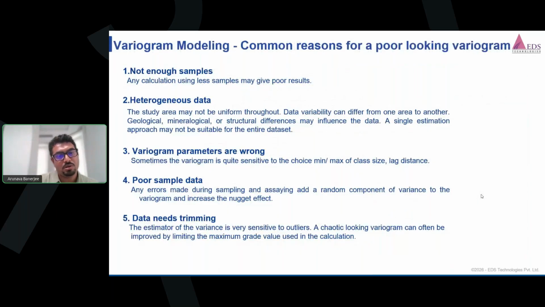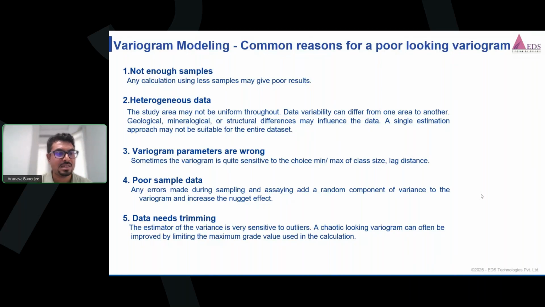So, common reasons for a poor looking variogram. A few points are very important before starting variogram modeling. First, there may not be enough samples, maybe so few samples, less than 500 or 400, so it is very difficult to fit our variogram model and validate it. Next is heterogeneous data, where our data is not uniformly distributed over the whole field, and correlation is very poor.